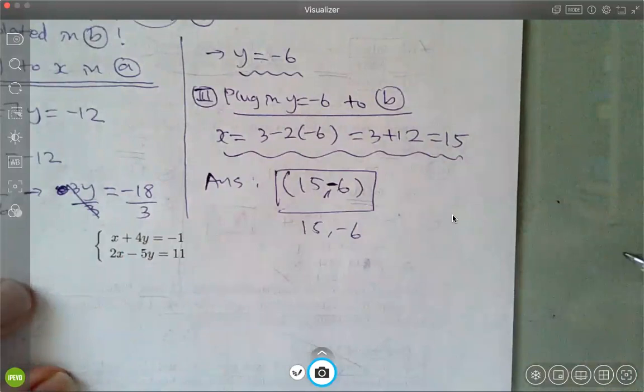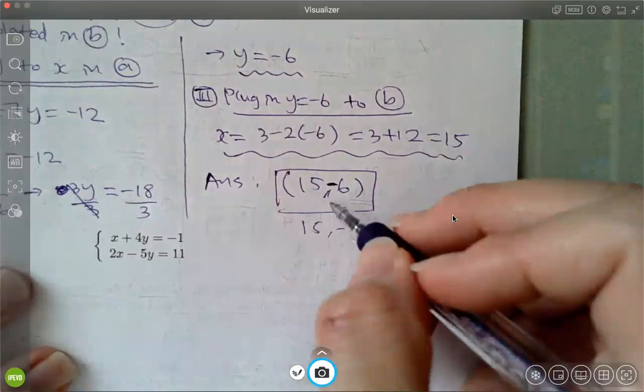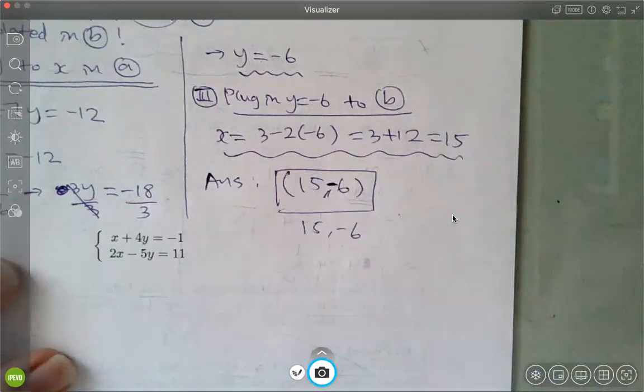And what is missing? Parentheses. And then they lose everything. How sad is that? So you need parentheses, and then you need 15 comma negative 6 inside.